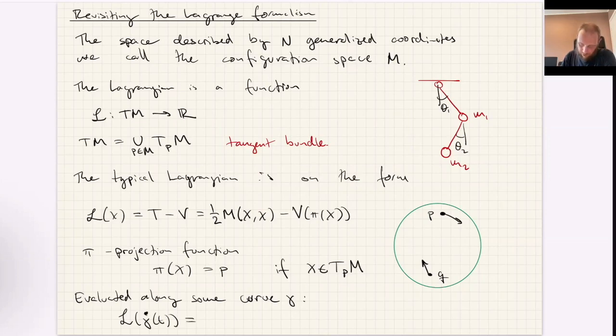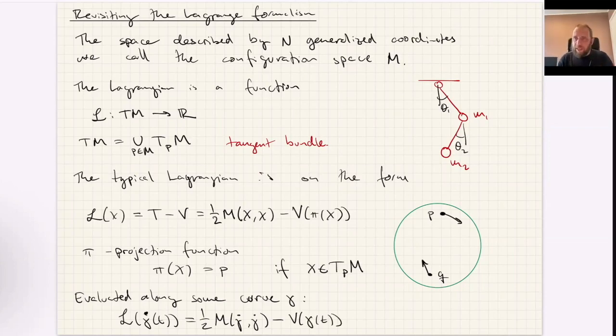That's 1/2 m gamma dot, minus v of the projection of gamma dot of t, or rather gamma of t, because that's where gamma dot exists, right?